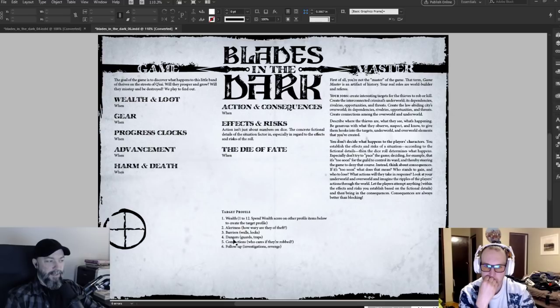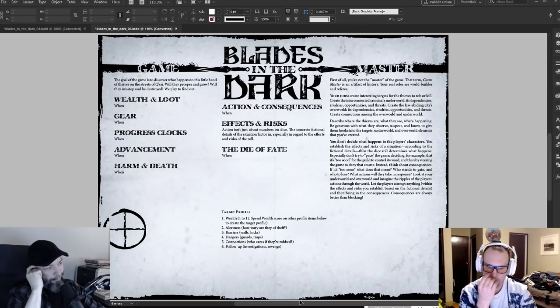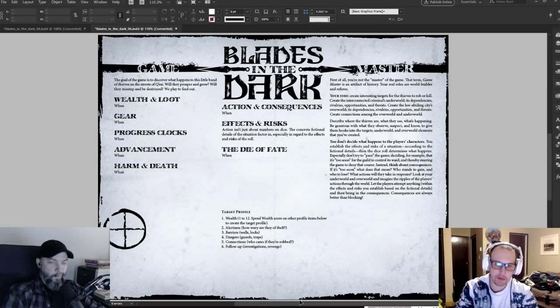But when it's presented this way, it's easy to just go, okay, wealth is a 3, alertness is 1, barriers 4, and have this numerical profile as your shorthand. Over time, that shorthand dominates the mental space, and because it's so quick and easy to just plop some numbers in, you end up skipping the bit where you're supposed to think about the fiction.